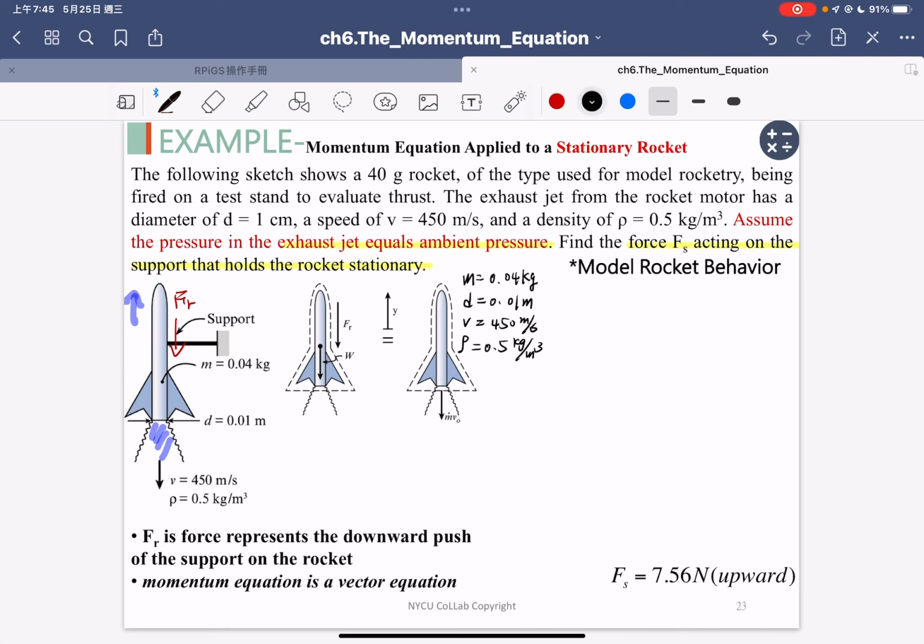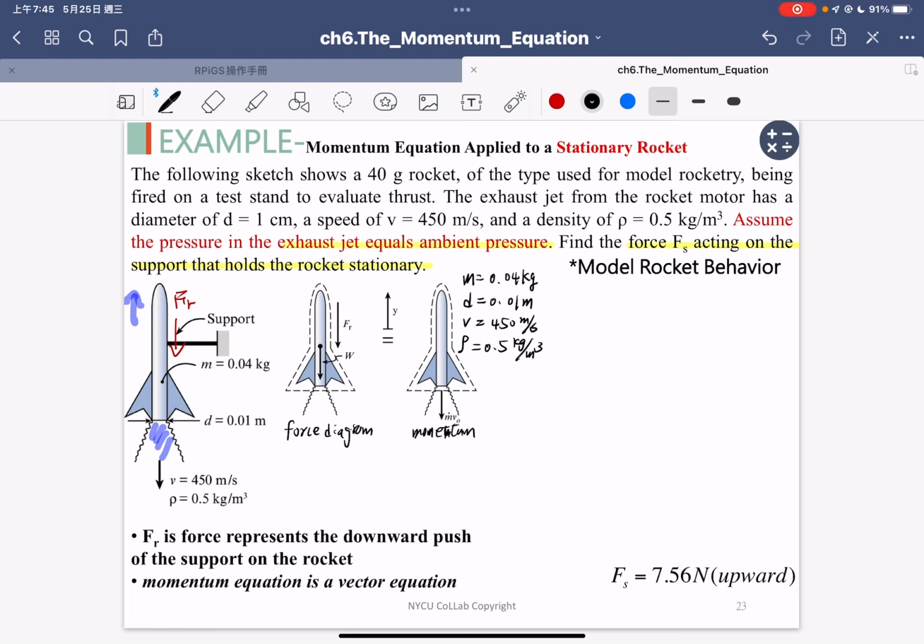So here we just draw the force diagram, and the right-hand side is the momentum diagram. So we can make the balance, and in this question only the momentum flow out is included. So we just consider the y direction. What do we have?